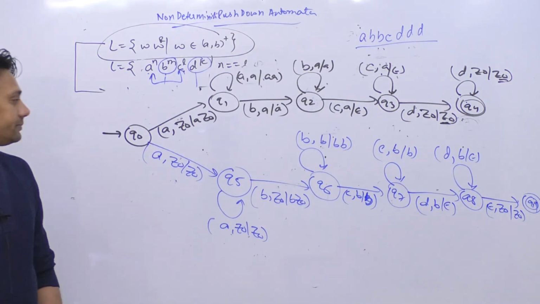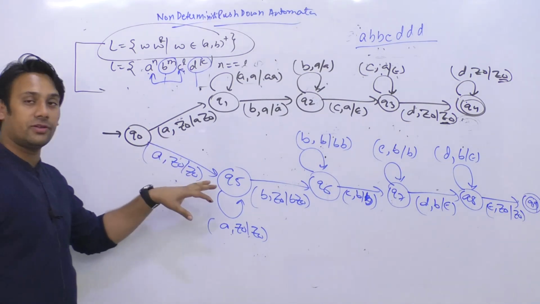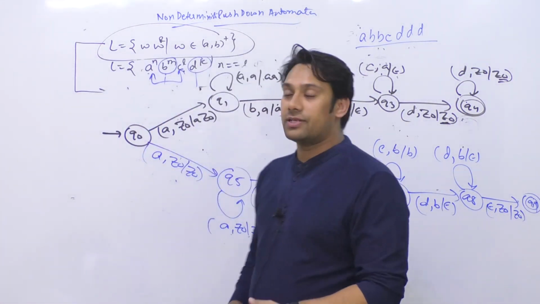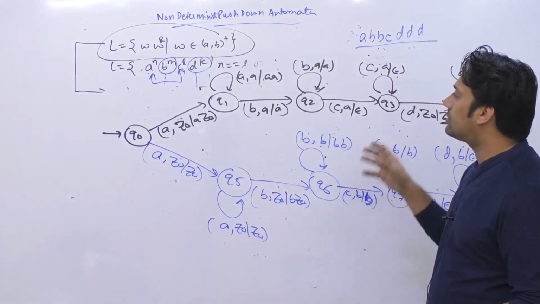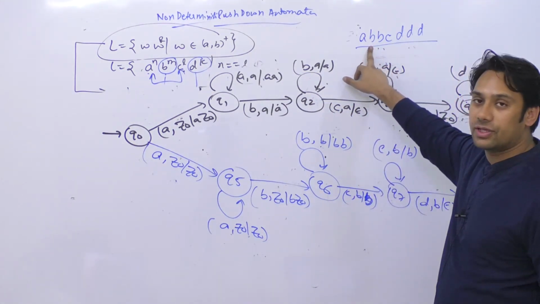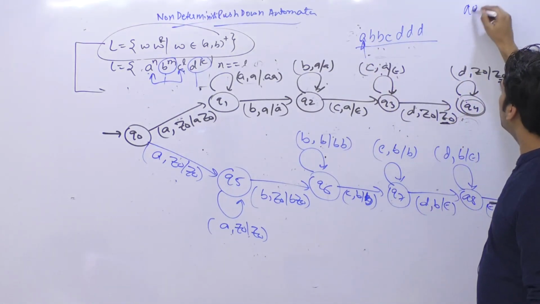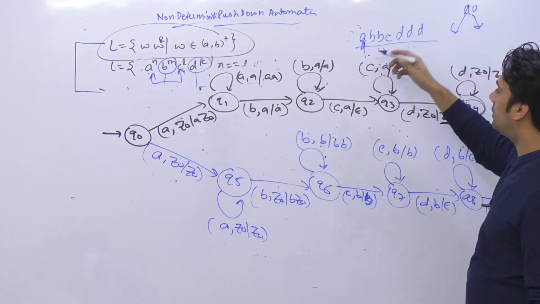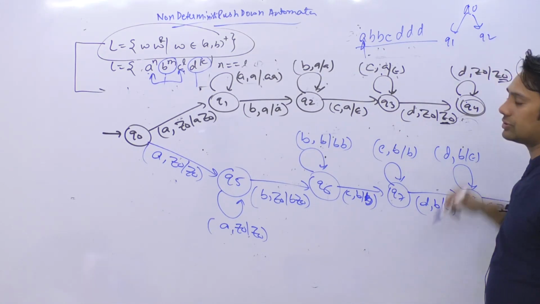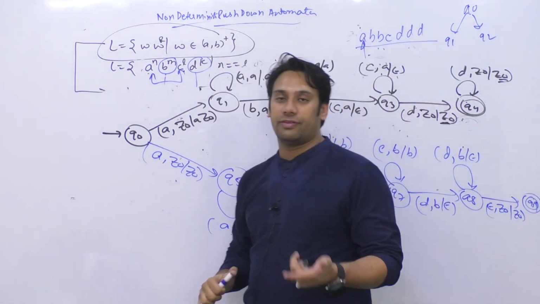So Pratibha, basically here we are making two different transitions for the same symbol. Because we are making two different transitions, if you give a string, by reading a symbol A, we will go to two different states. We will go to Q1 as well as Q2, just like in a finite automata.